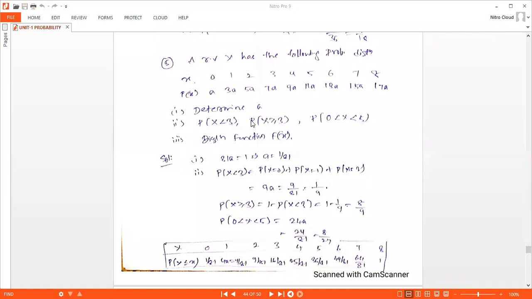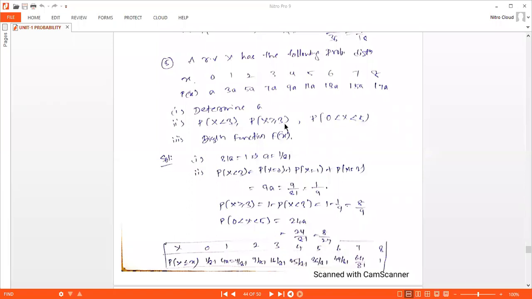Now we need to calculate the probability values. Probability of x less than 3.